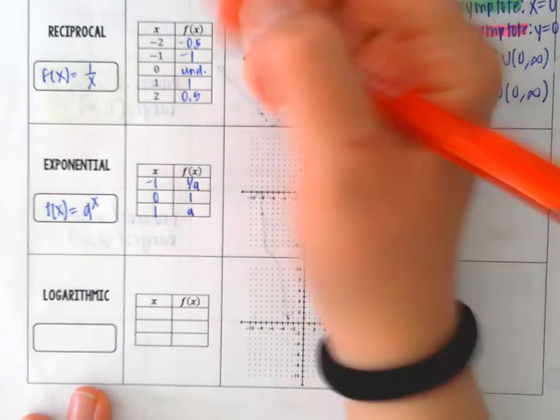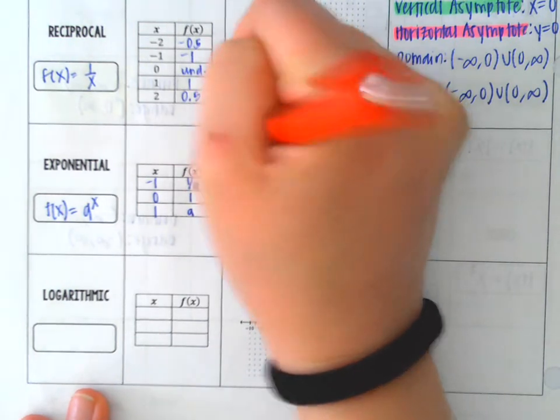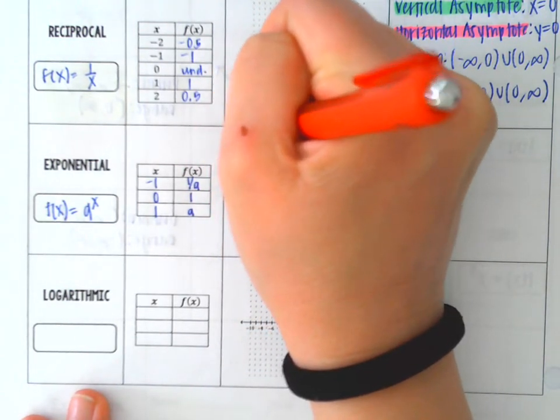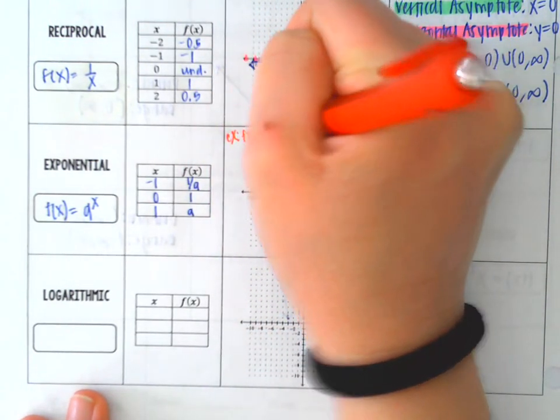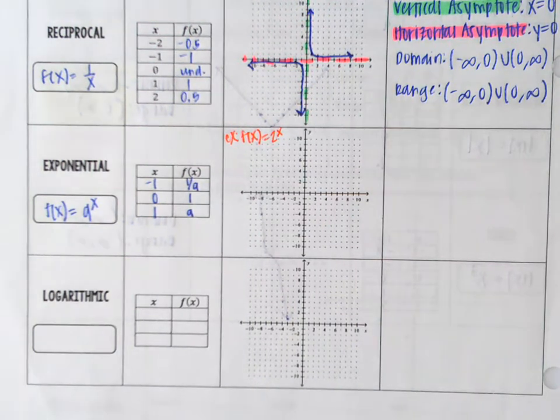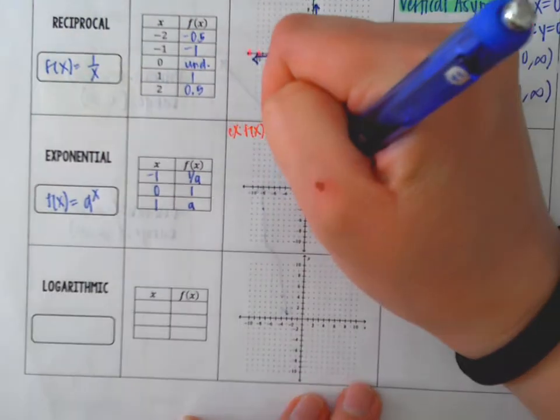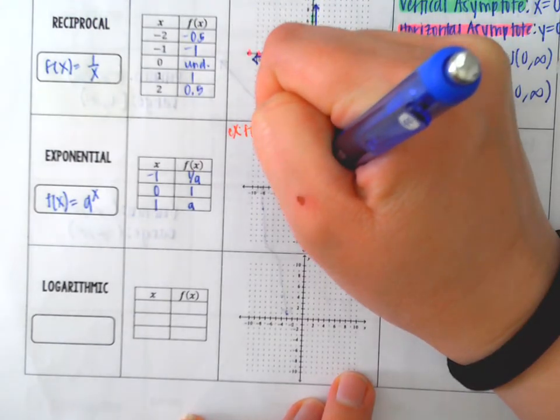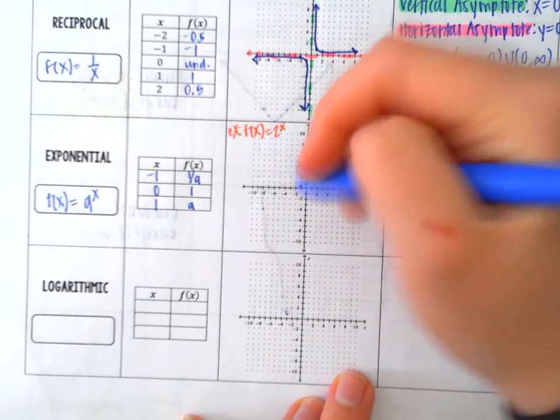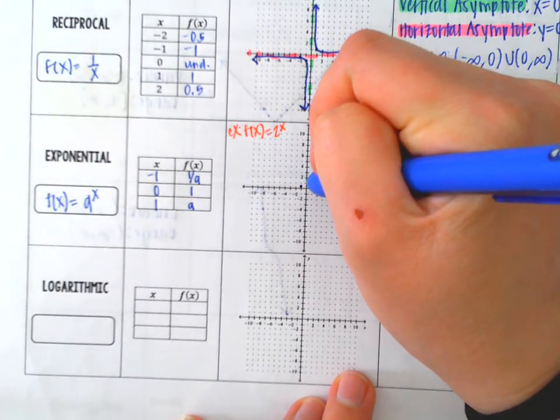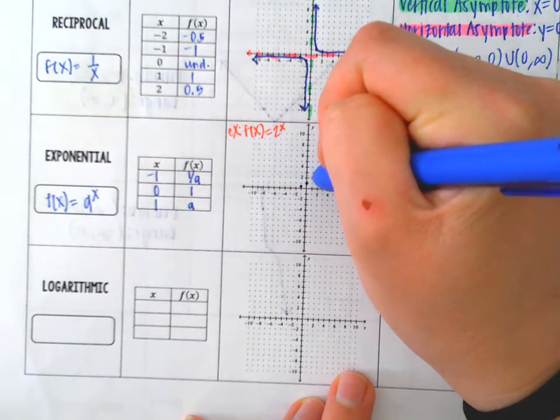So let's plug that in. Really the graph always looks similar, it's just a matter of where the specific points are. So if we have -1, that's at 1/2. If we're at 0, we're at 1. And if we're at 1, we're at 2.